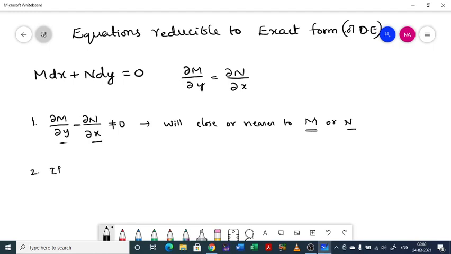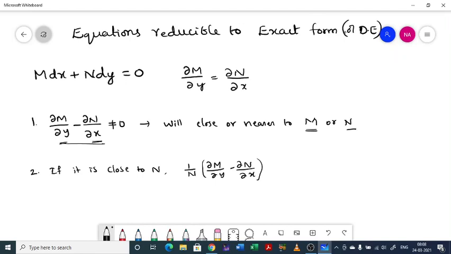Next, after finding whether it is close to M or N, you have to do the following. If it is close to N, then consider 1/N times the difference, ∂M/∂y minus ∂N/∂x.